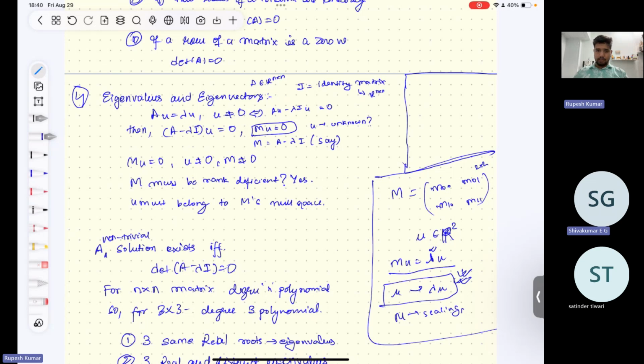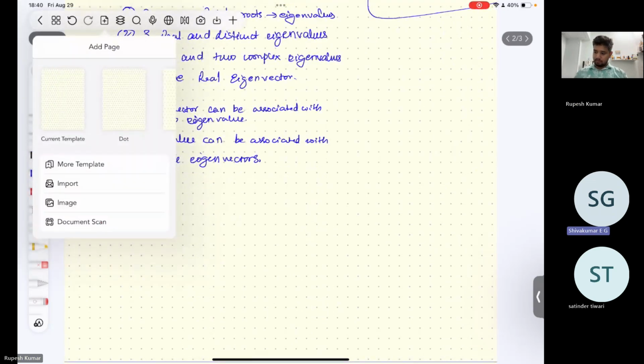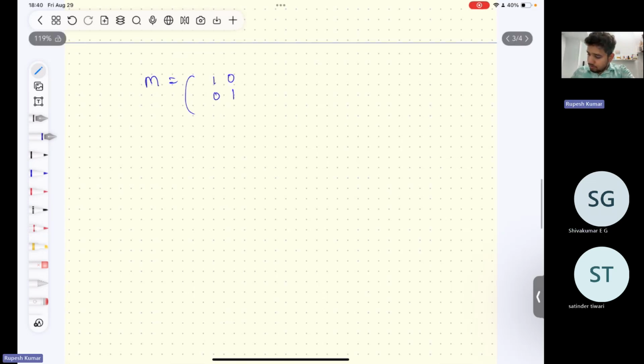So, for example, let's say you have a matrix M that looks like 1 0 0 1 0 0, right?